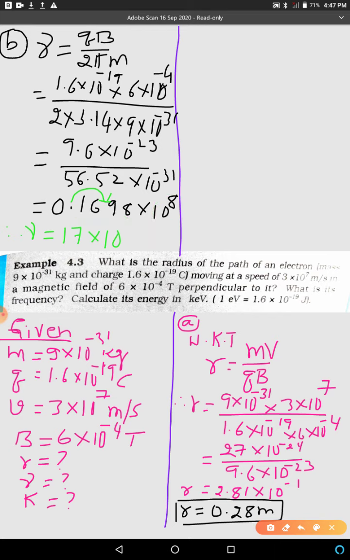So therefore frequency nu will be 17 into 10 power of 6. What is the unit for frequency? It is hertz. So it is 17 into 10 power of 6 hertz, that is megahertz. That is the frequency of revolution of the electron.